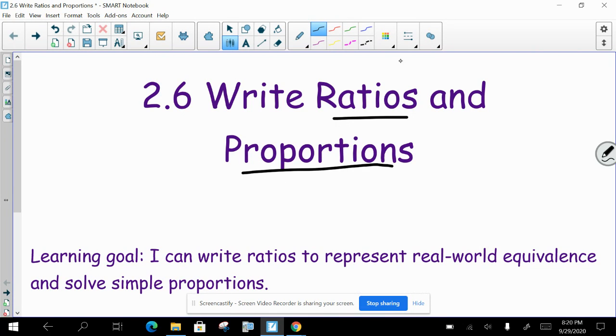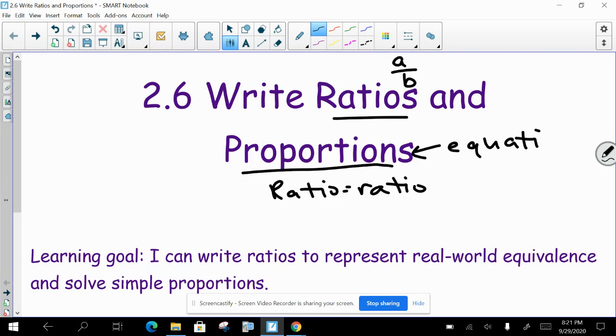A ratio is just a fraction, for example, a over b, and a proportion is an equation of two ratios, so one ratio equals another ratio. A proportion is an equation, where a ratio is just a term or a fraction.